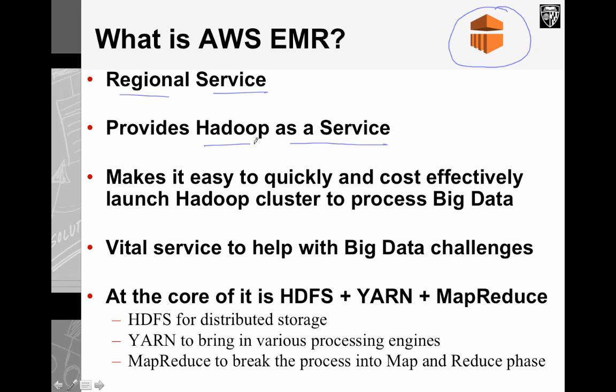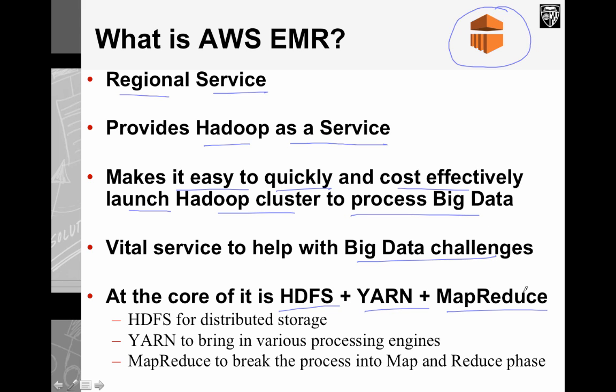So the AWS EMR service makes it easy for you to quickly and cost effectively launch a Hadoop cluster to process big data in the cloud. It's a very important service to help you with big data challenges. Of course, at the core of AWS EMR is the HDFS storage, the Yarn platform, and the MapReduce engine.